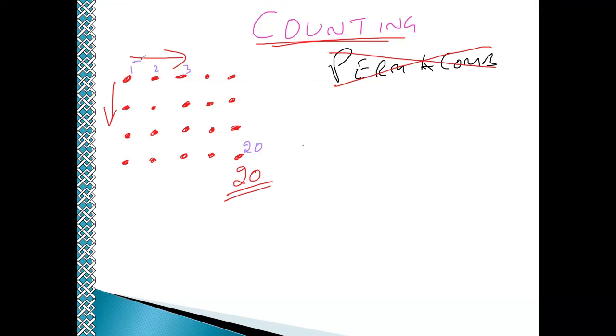So basically they are using a plus operator to count, plus 1, plus 1, plus 1. You used a multiplication operator to count. So in counting, basically you count things by plus and multiplication operators. And in this chapter, we will only count.